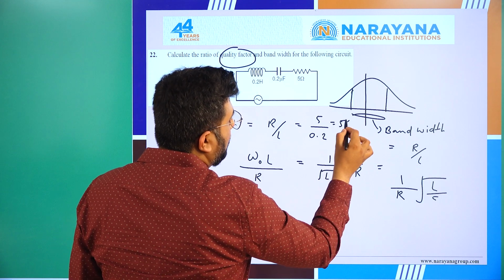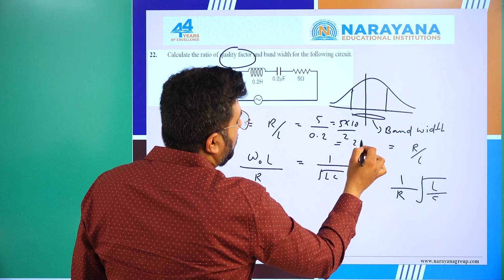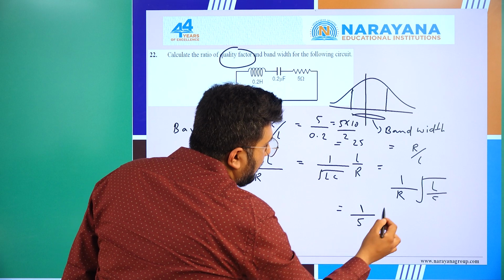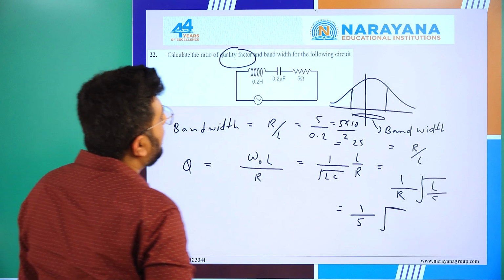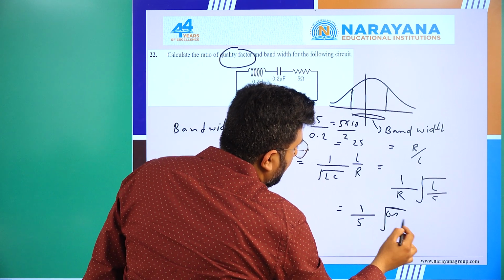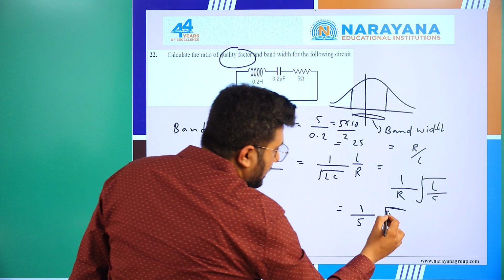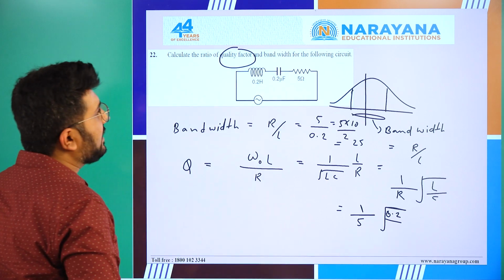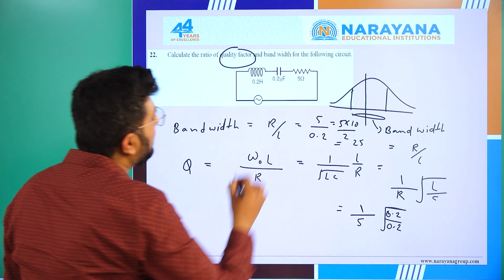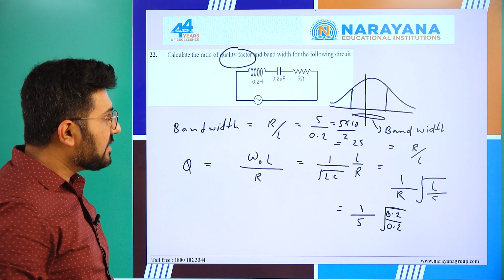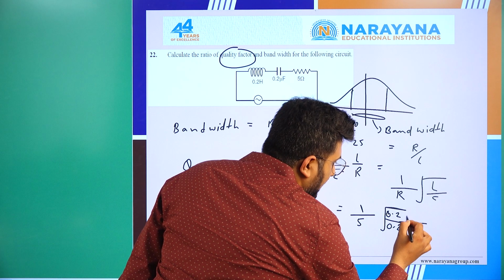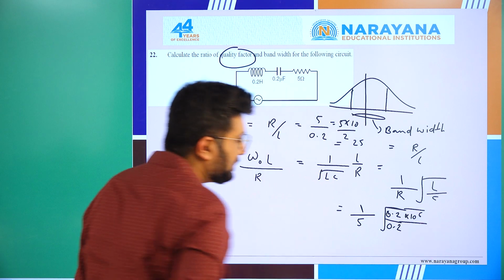Okay. So first let me find the bandwidth value. This will be 5 into 10 by 2, which is 25, and the other is 1 by R, that is 1 by 5 root over L by C. L is 0.2, and C is also 0.2, but C is 0.2 microfarad, so I will write into 10 raised to the power 6 here.